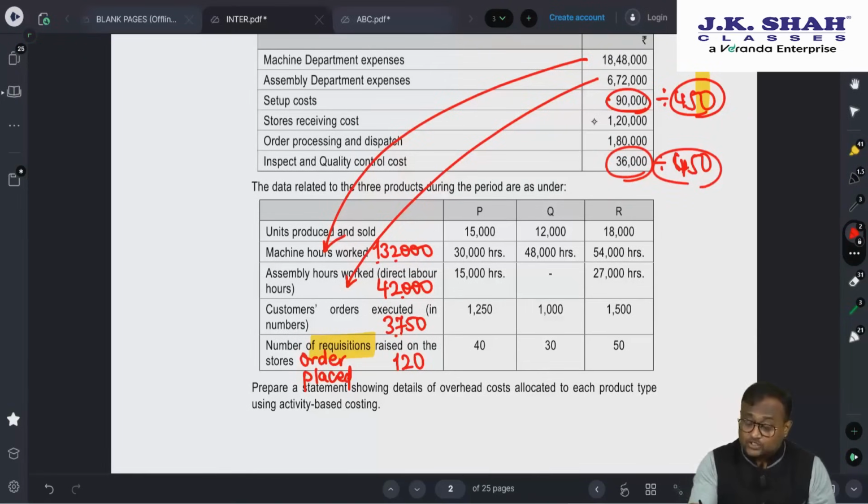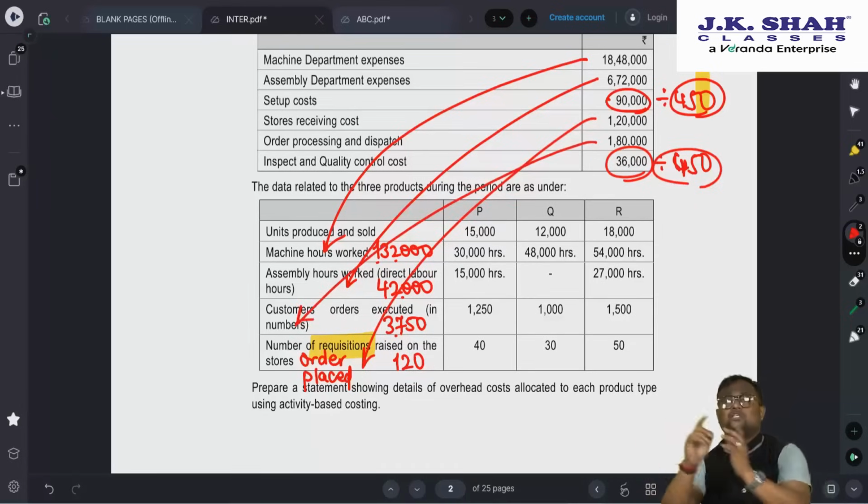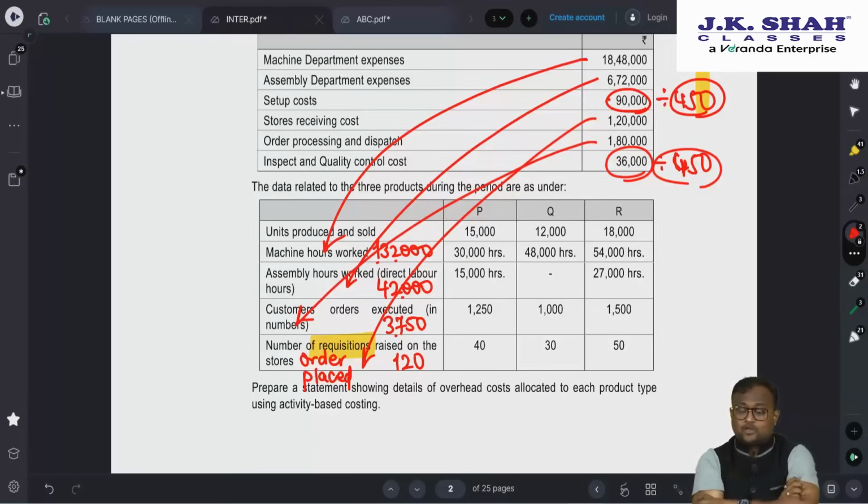As far as stores receiving is concerned, the number of requisitions is important, and for order processing and dispatch, the number of orders. Anything related to dispatch is related to the customer. So whenever order processing and dispatch is available, it will be based on customers' orders executed. I raise a requisition when I need material, so it will be charged on the basis of the number of requisitions.